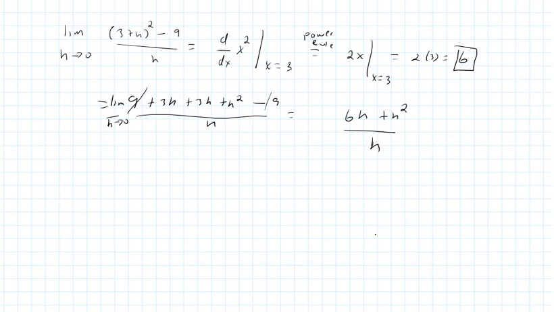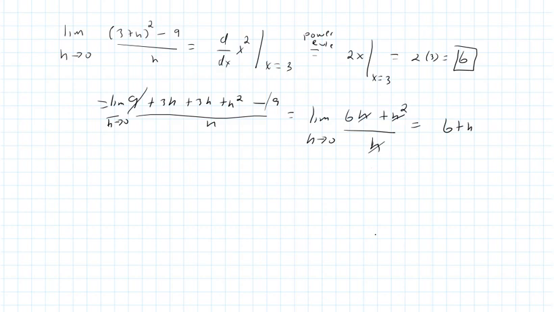Now if we divide, the limit as h approaches 0, we're going to cancel one h, and we're left with 6 plus h.